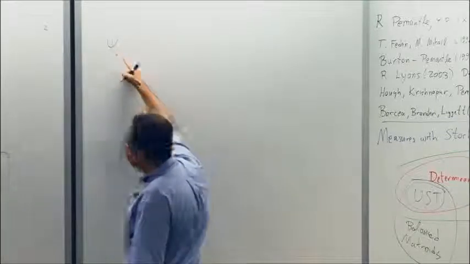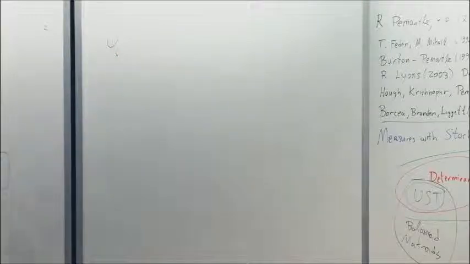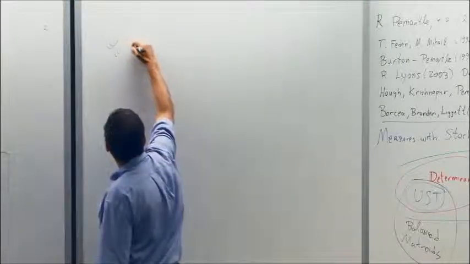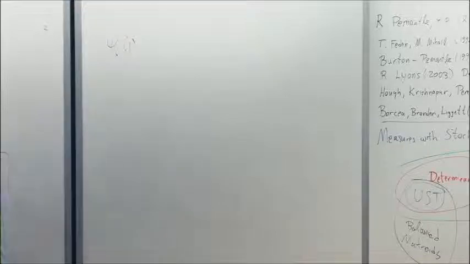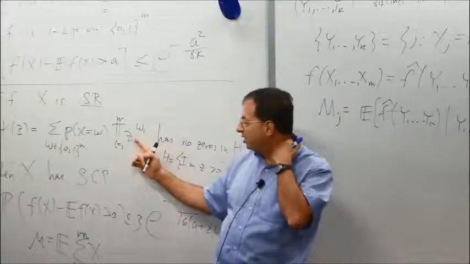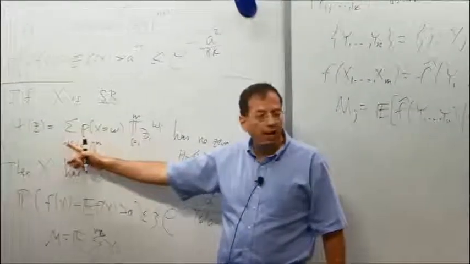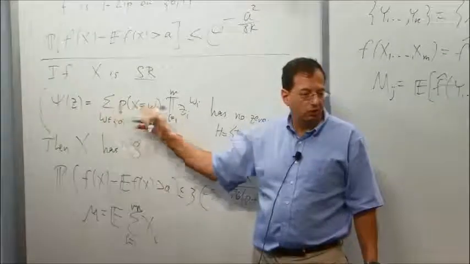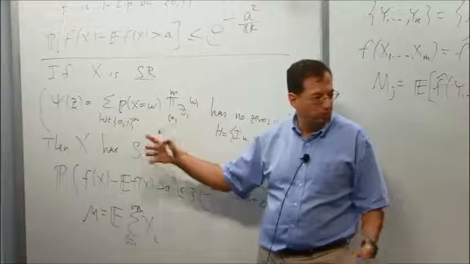So what is psi i of 1? You differentiate with respect to the ith variable, and the effect is just insisting that omega i equals 1, because the contributions with omega i equals 0 vanish.